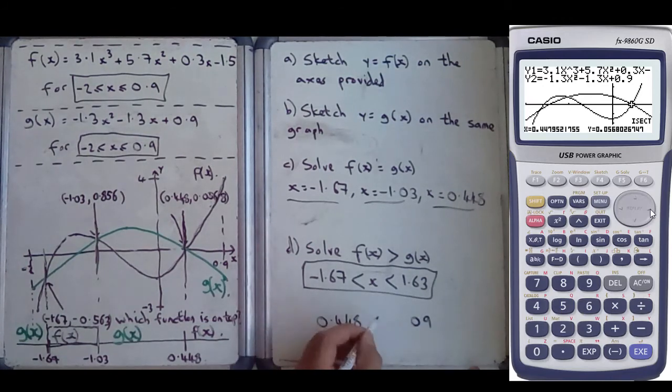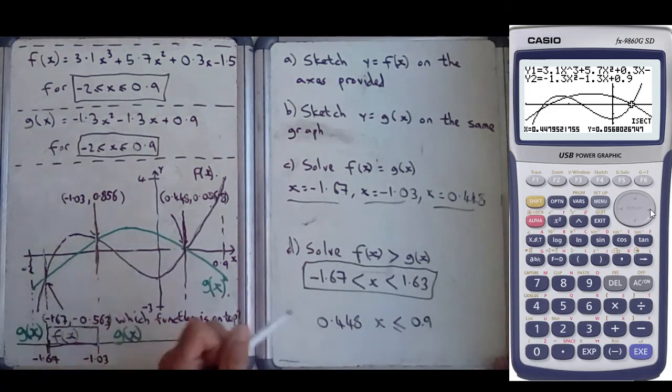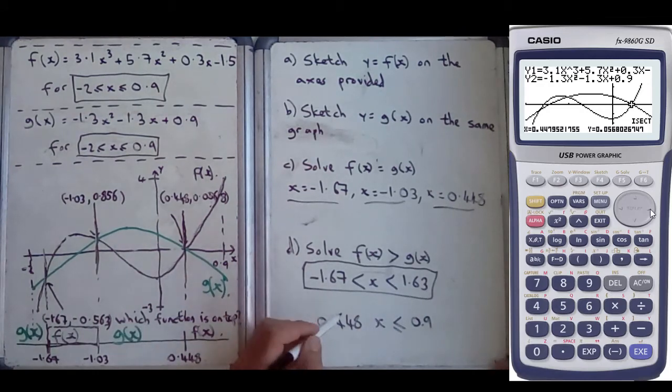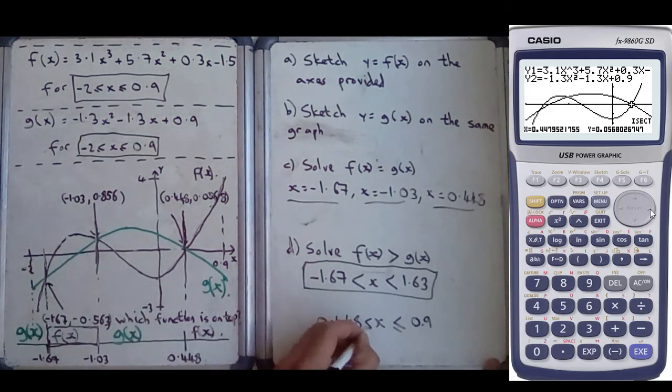So x can go all the way up to 0.9, because when x is 0.9 the black line is above, and it can't be 0.448, but anything bigger than that is okay, because when x is 0.448 they are exactly equal.